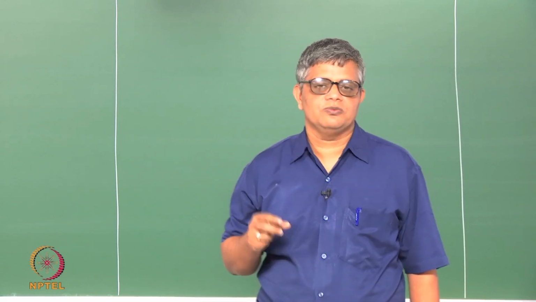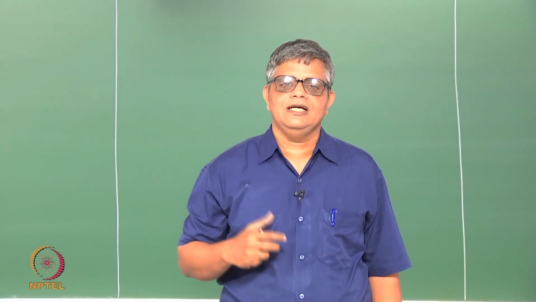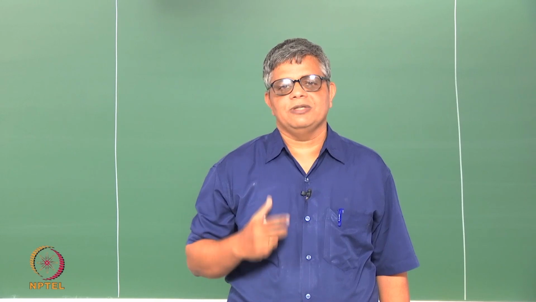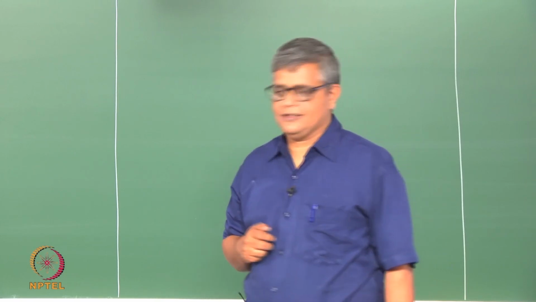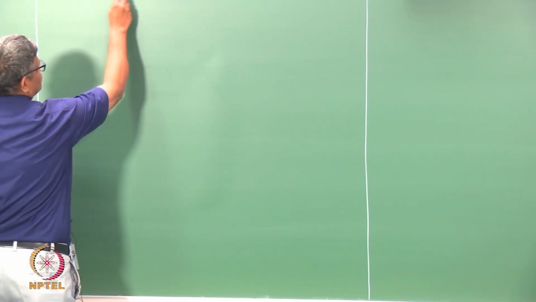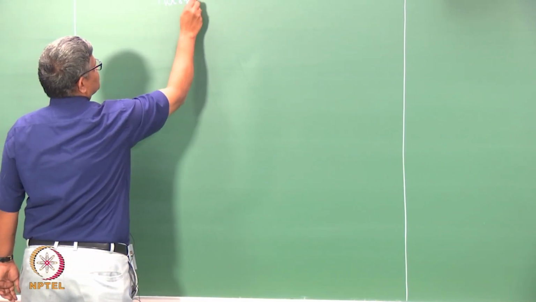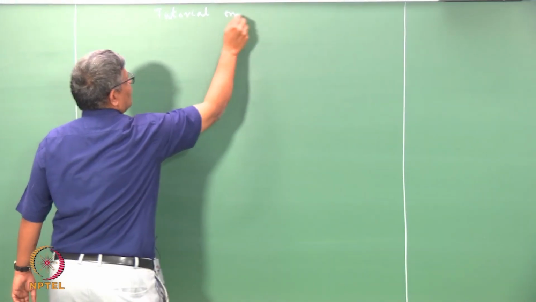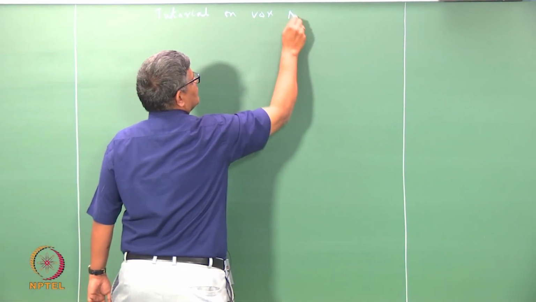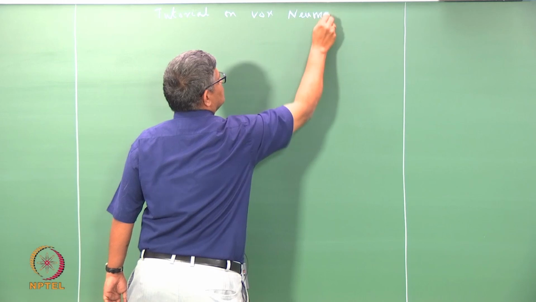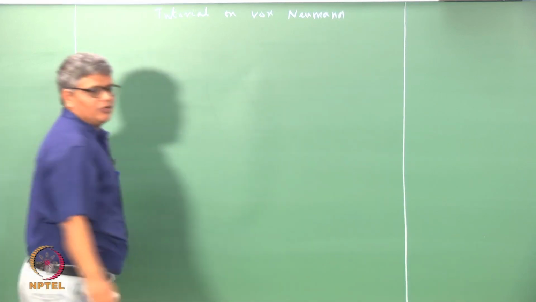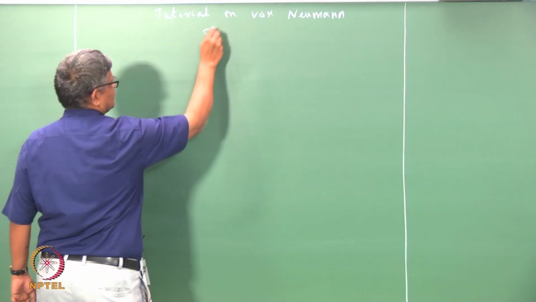And we will try to do the von Neumann stability analysis for this and investigate the stability conditions for this particular case. So, it is a tutorial on von Neumann stability analysis.